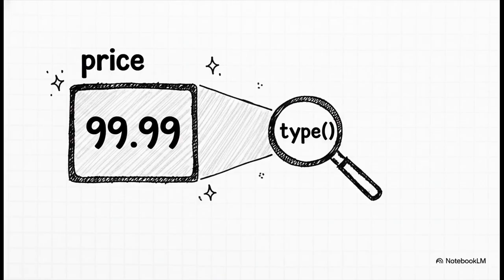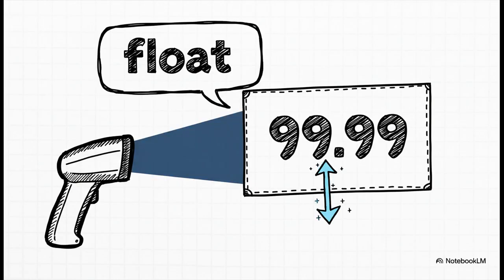All you do is put your variable's name, price, right inside those parentheses. This is basically us asking Python, hey, can you tell me what the label is on this box? And boom, there's our answer. Python takes a look at the value, it sees that decimal point, and it correctly reports back that the class, or the data type, is float. See? It's that easy. You can use this on any variable to find out exactly what you're working with.